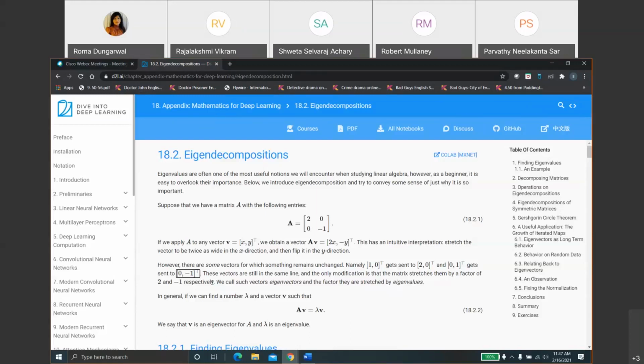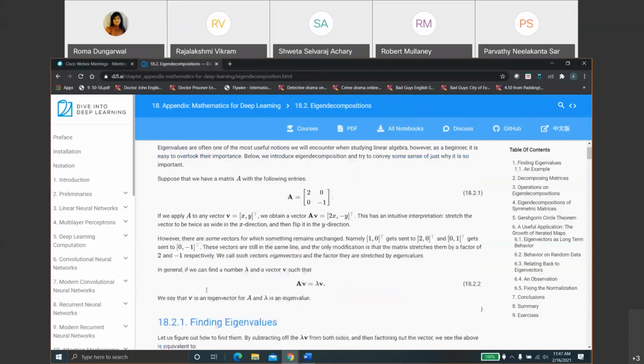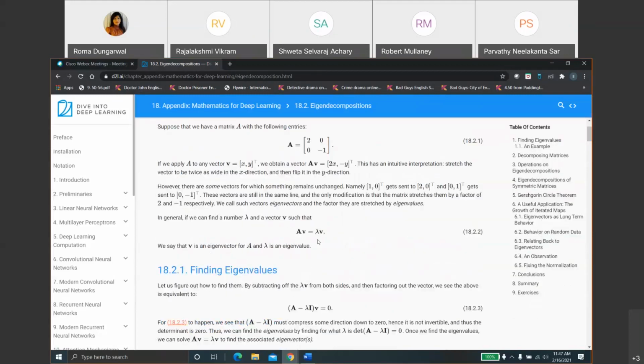And the value by which it is stretching, in this case 2 and -1, these values are called your eigenvalues. So when you have an eigenvalue and an eigenvector, you can write this equation: A into V is equal to lambda into V, where lambda is your eigenvalue and V is your eigenvector.